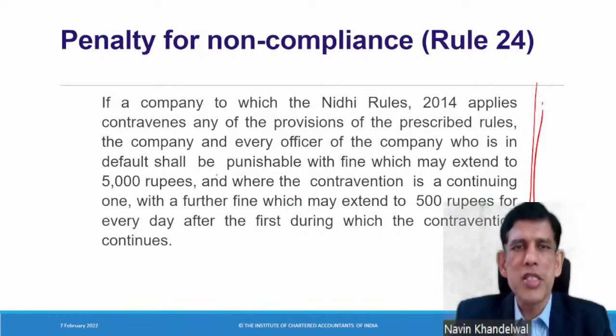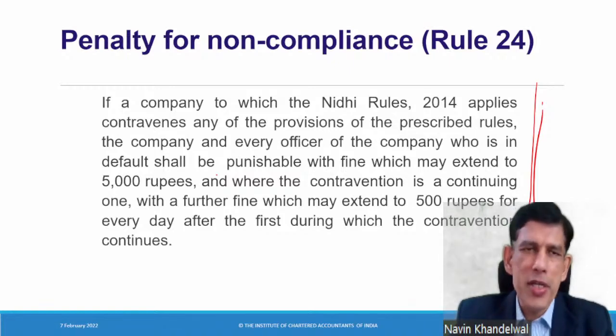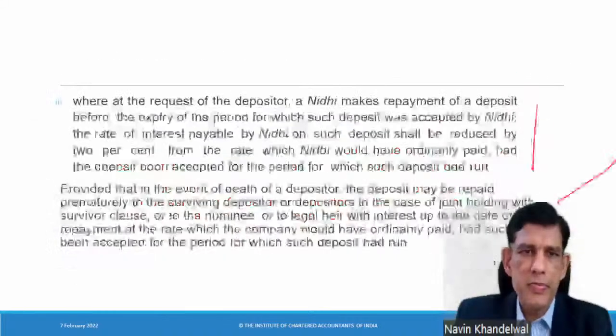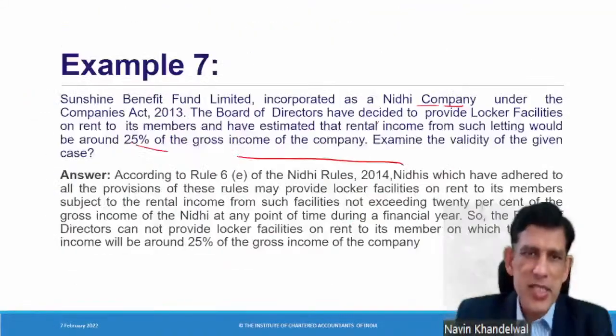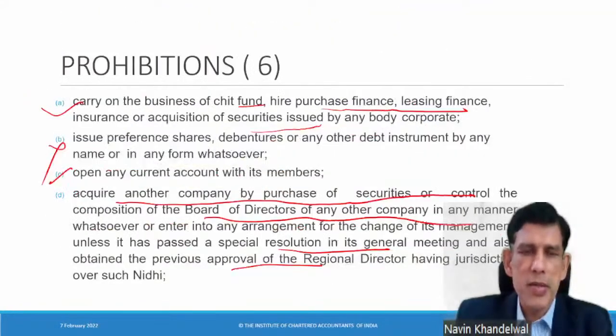But if you remember the conditions for registration, incorporation, conditions for converting a running company into a Nidhi company, conditions for loans, and the appointment of director and auditor, I think that is more than sufficient. Branches, yes, I forgot the branches part.